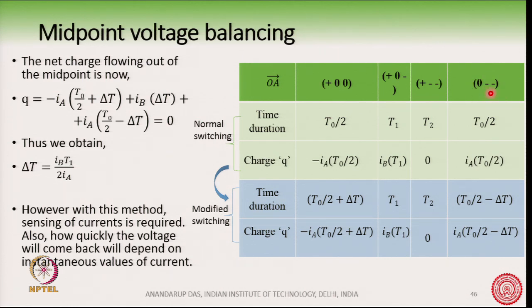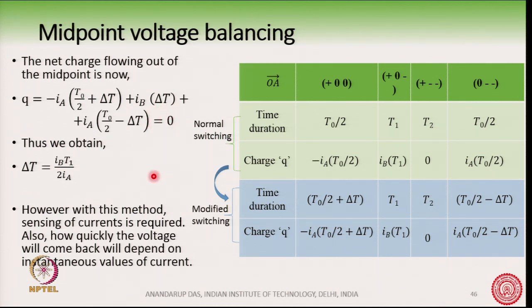Then for 0 minus minus, we have Ia current flowing for a duration of T0 by 2 minus delta, and this must be made equal to 0, so that the net midpoint voltage fluctuation, or the net charge which is flowing out of the midpoint over this time period Ts, is made equal to 0. So, that is why we make it equal to 0.